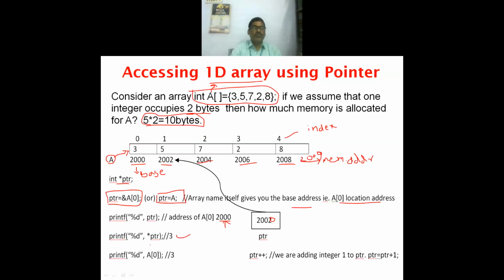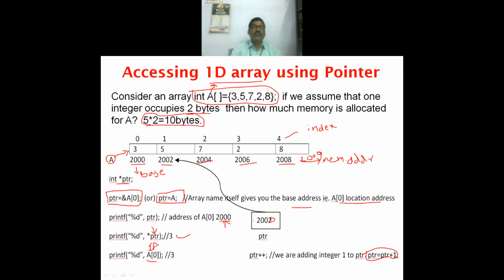So it is the same way of accessing the A of 0 location. So printf percentage A of 0 is also printing the value 3. So by making use of the array index, you are accessing the value. Here, by making use of a pointer, you are accessing the value stored in this array. If I am using ptr plus plus, that means we are adding an integer 1 to the ptr, that is ptr is equal to ptr plus 1.